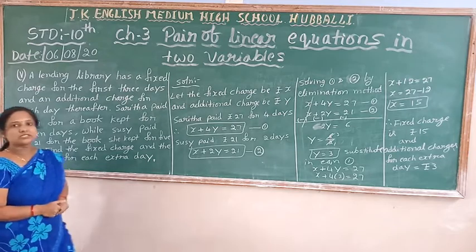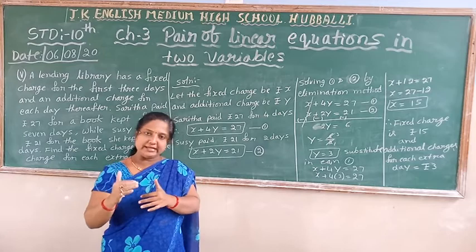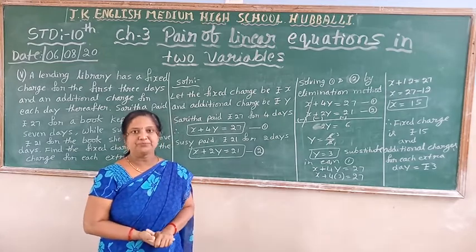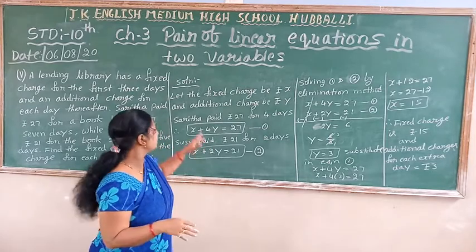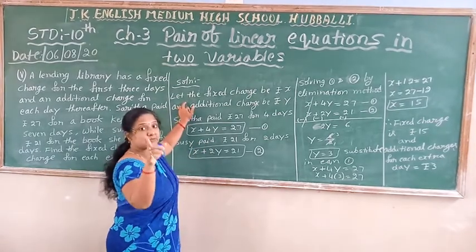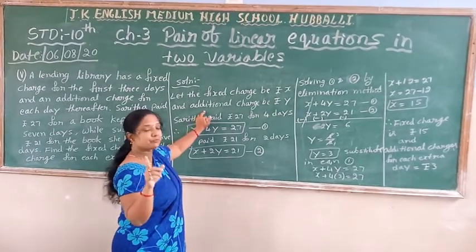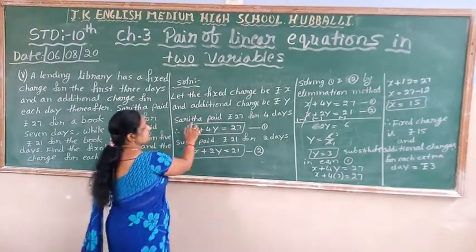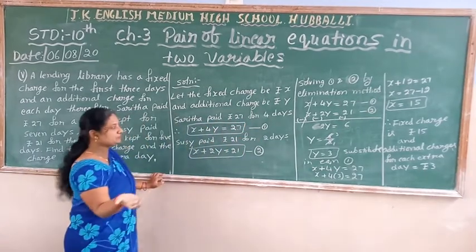So we don't know what the fixed charge for the first 3 days is, and we don't know the additional charge for every extra day. Let what we don't know, what we will find out, be variables. Let the fixed charge be rupees x for 3 days and the additional charge be rupees y. Sarita paid rupees 27 for 4 days extra.